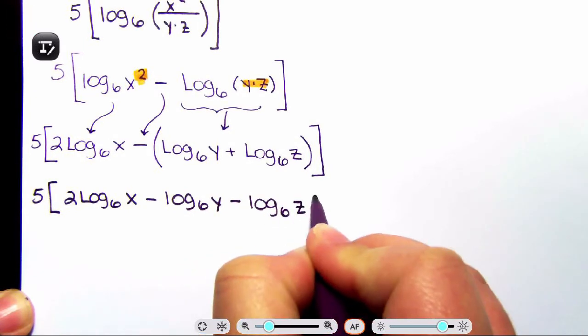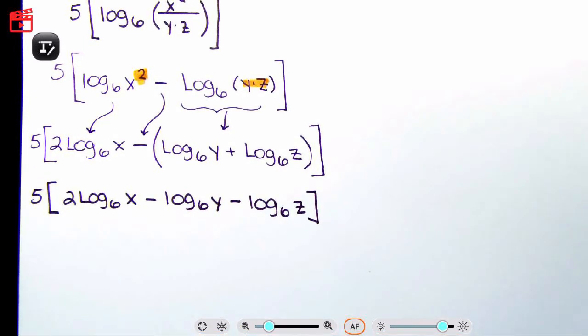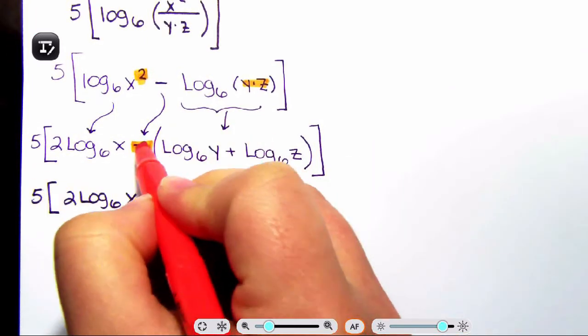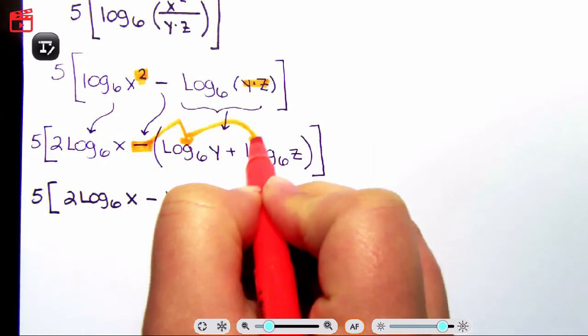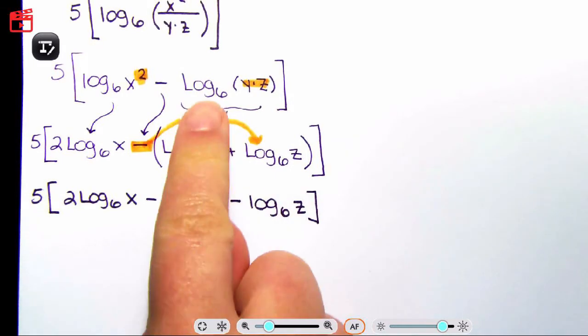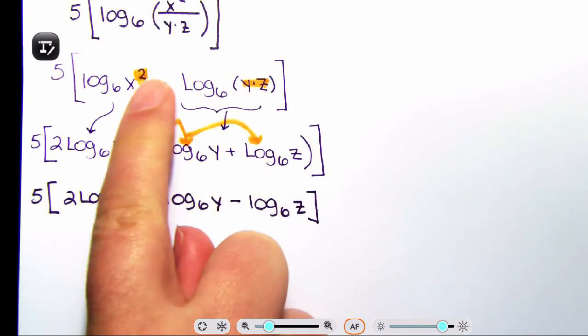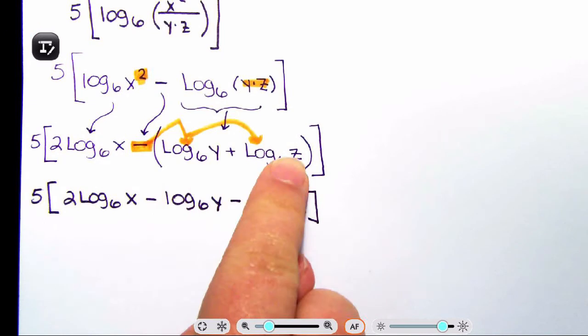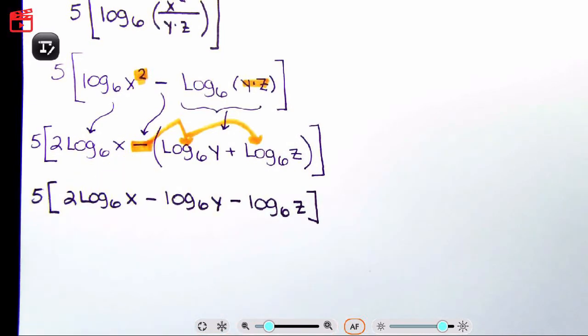Now, why do we automatically have these minuses? Well, that's because you have to distribute. Just like we do with numbers, you have to distribute that negative to both terms, because log base 6 of y times z is a minus here. Therefore, when we expand it, it is a minus on the outside as well.